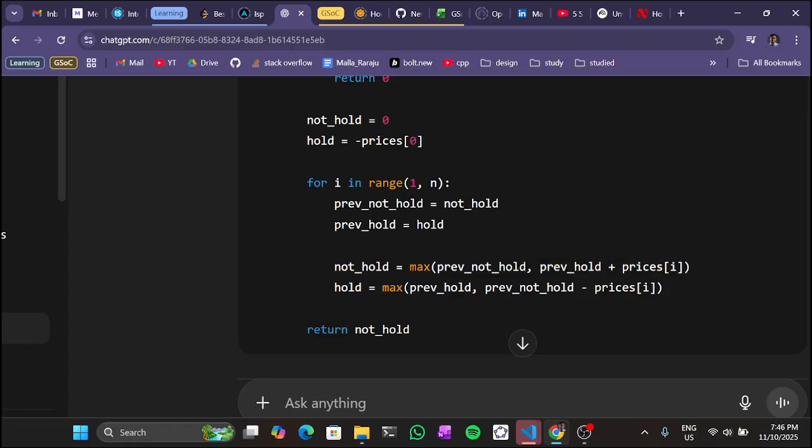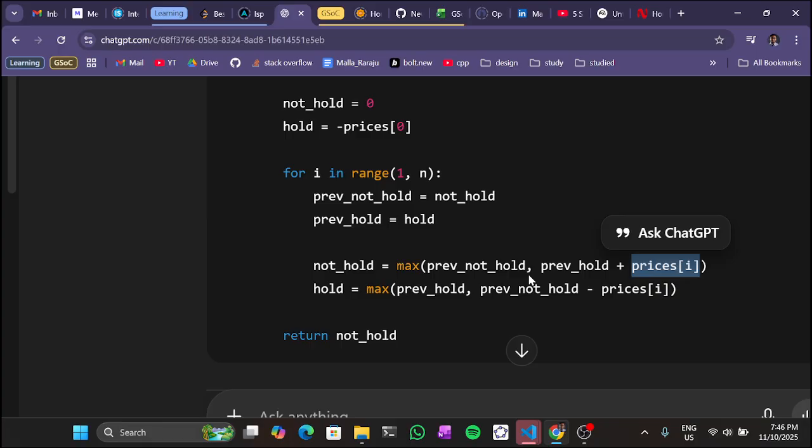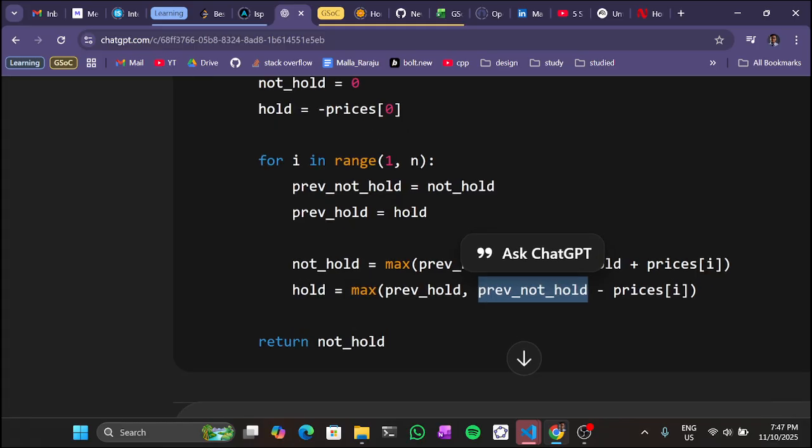If the price of i is greater than previous holdings, then the choice of not holding will give us profit too, and the choice of holding a stock will give a negative profit, I guess. So between previous hold and previous not hold minus price of i.